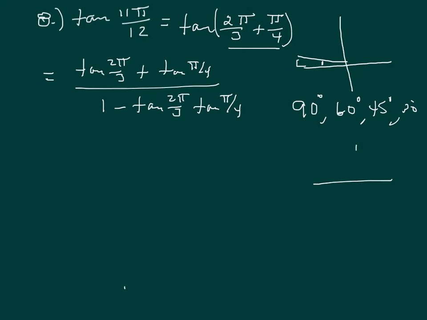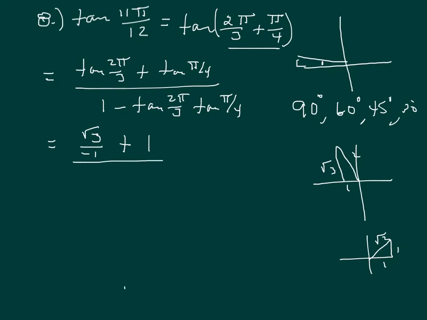Now, recall 2 pi over 3 is 120 degrees. It's a triangle that looks like this. The sides are 1, 2, and the square root of 3. Pi over 4 is a 45 degree angle with sides 1, 1, square root of 2. So the tangent of 2 pi over 3 is the square root of 3 over minus 1, plus 1 over 1.